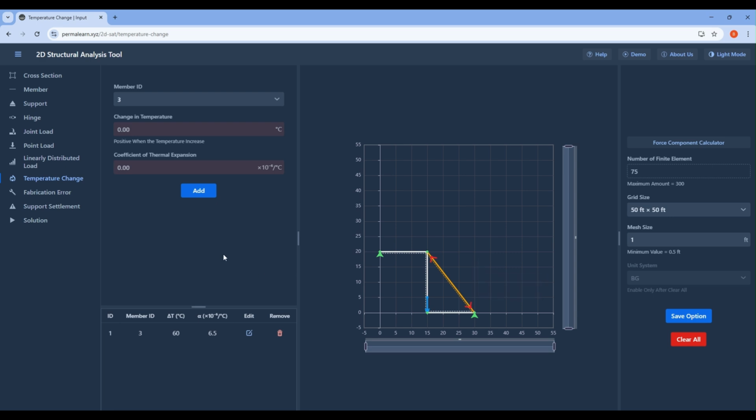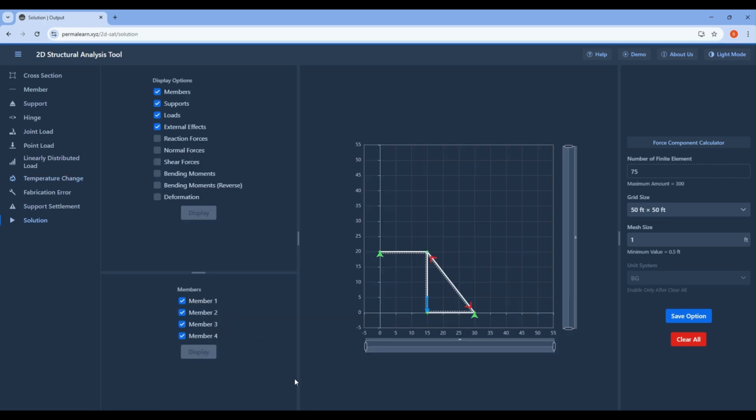And now let's jump to the solution, as they want to see the vertical and also the horizontal deflection at joint C. So we just select the deflection and click display.